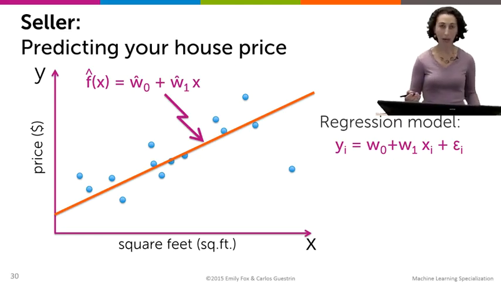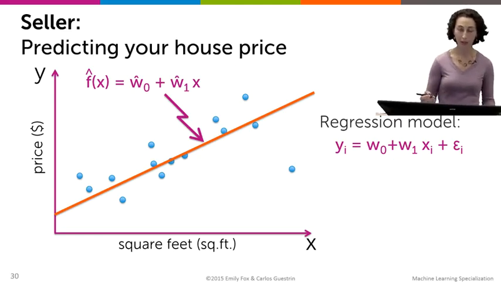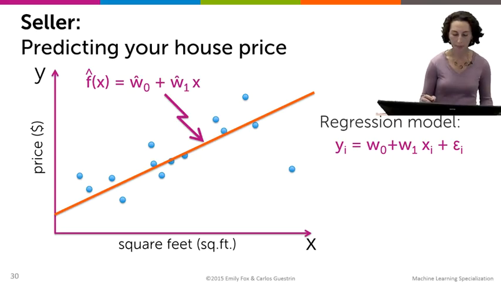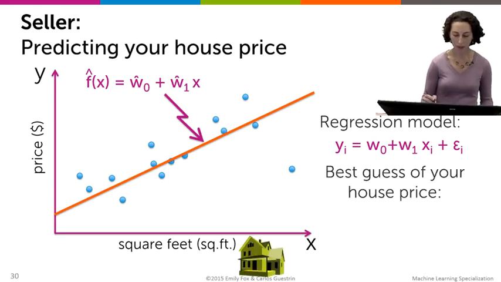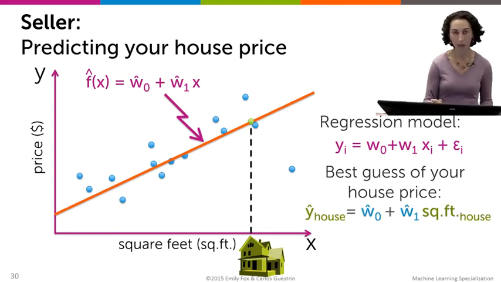Now let's talk about how we can think about using our fitted line. So one thing that we can ask is to predict the value of this house that we'd like to list for sale. So this house has some number of square feet, and we'd like to guess the price. And how are we going to guess the price? Well, it's very straightforward.